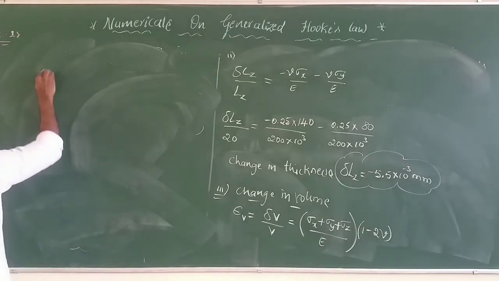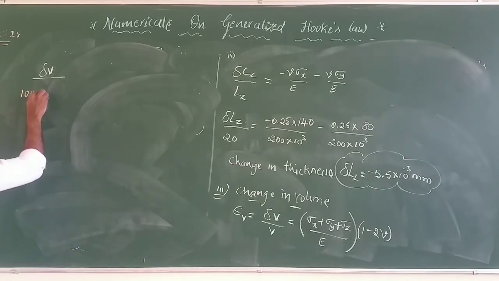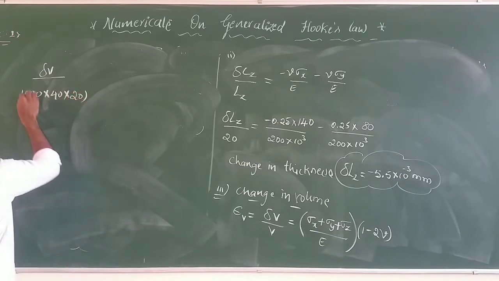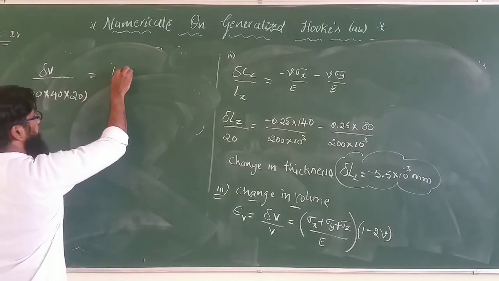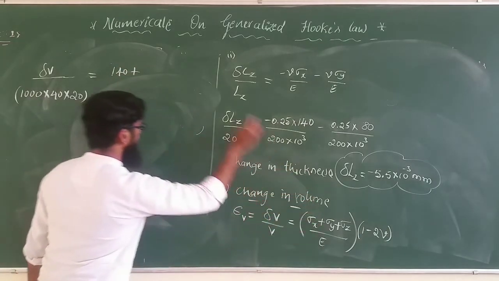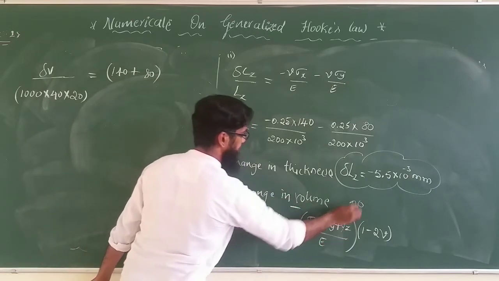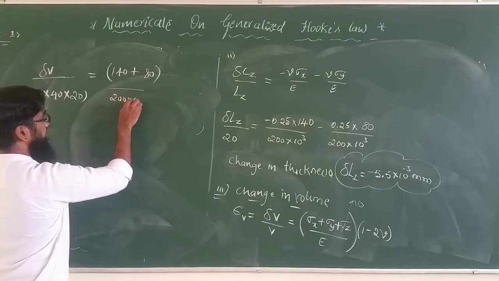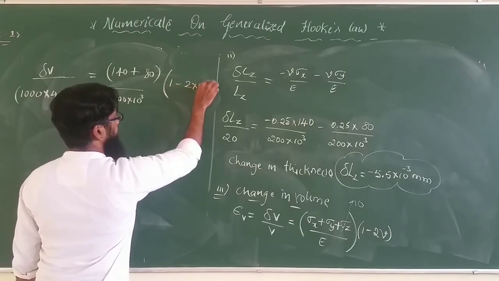So delta V by the volume of the plate here is, 1000 mm length is given, 40 mm width is given, and thickness 20 mm is given. That gives the entire volume of the plate, that is equal to, so sigma x is 140 megapascal plus sigma y, which is 80. So sigma z becomes 0 here, divided by 200 into 10 power 3, into 1 minus 2 into 0.25.